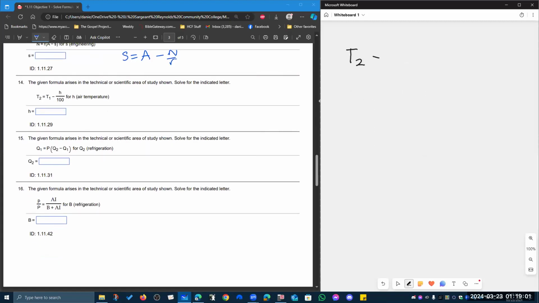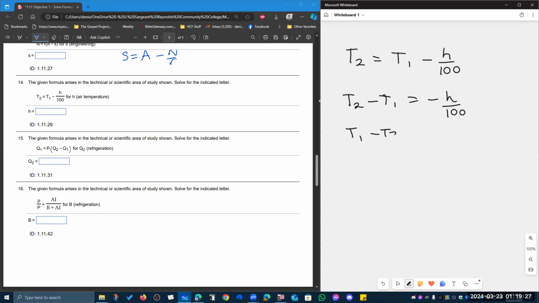T sub 2 equals T sub 1 minus H over 100. We want to solve for H. T sub 2 minus T sub 1 equals negative H over 100. Let's get rid of that negative sign by multiplying both sides by -1.